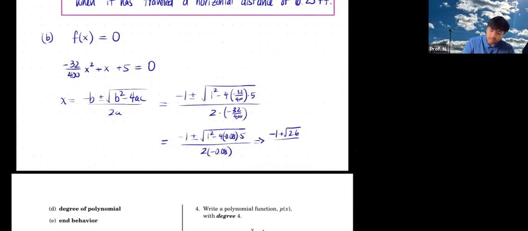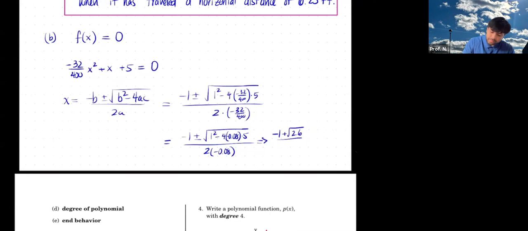And then this is 2 times 0.08, which is 0.16, negative 0.16. And so we're going to use the negative one because that will give us a positive at the end.